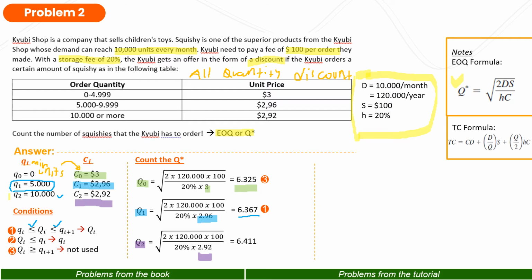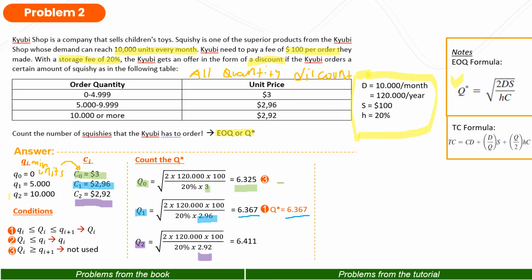So the Q1 is matched with the first condition. So for the Q1, we need to order the quantity of the big Q here, that is 6,367.